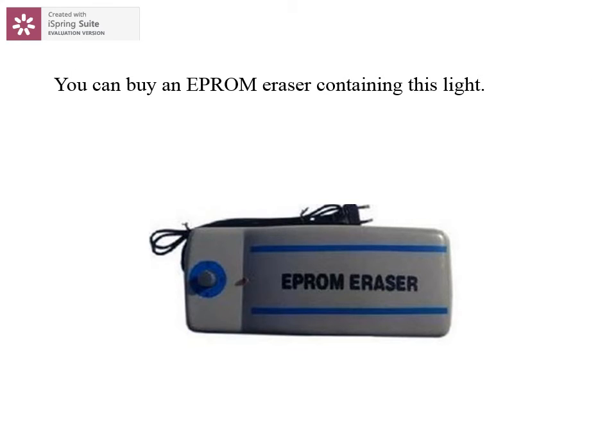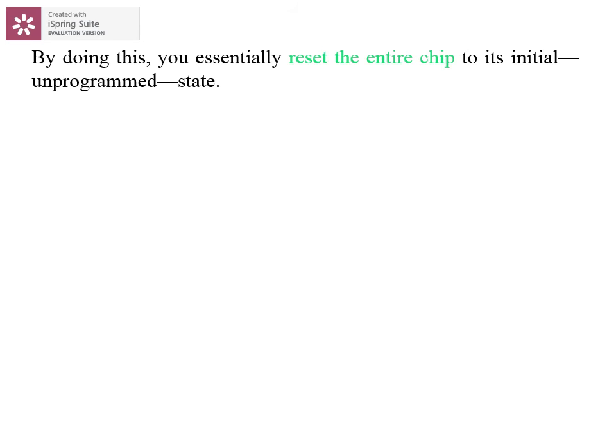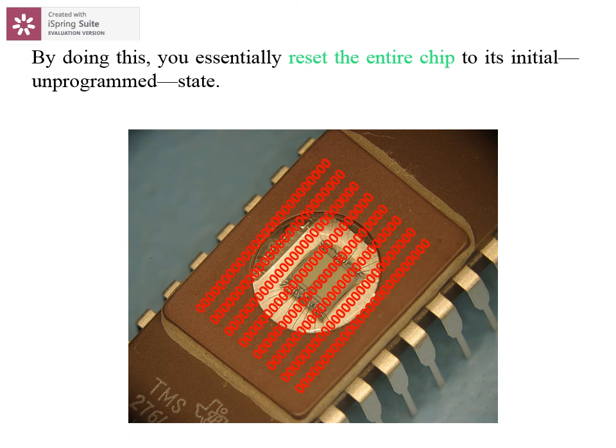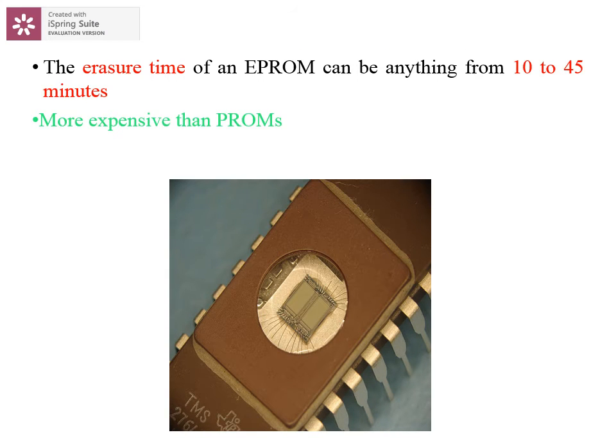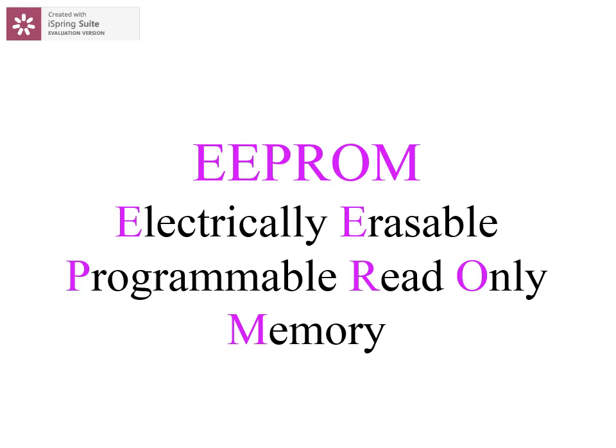You can buy an EPROM eraser containing this light. By doing this, you essentially reset the entire chip to its initial unprogrammed state. The erasure time of an EPROM can be anything from 10 to 45 minutes. It is more expensive than PROM.